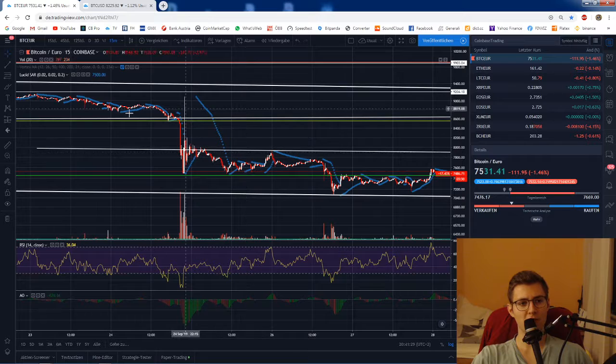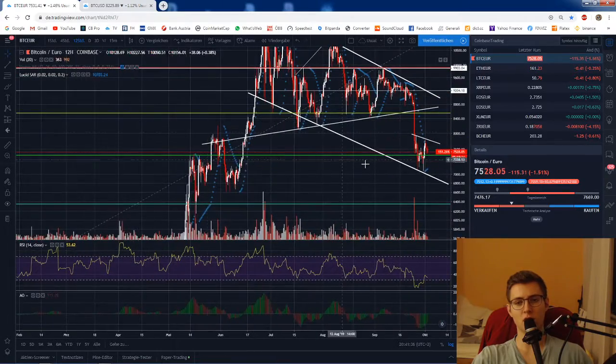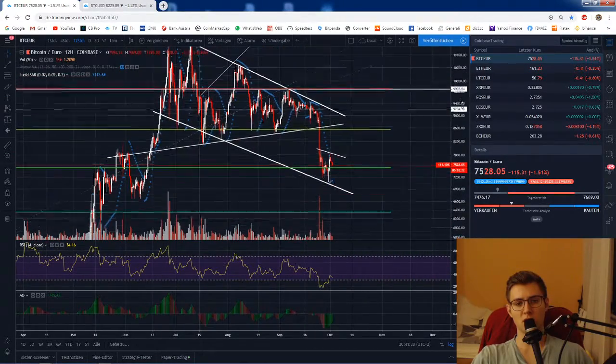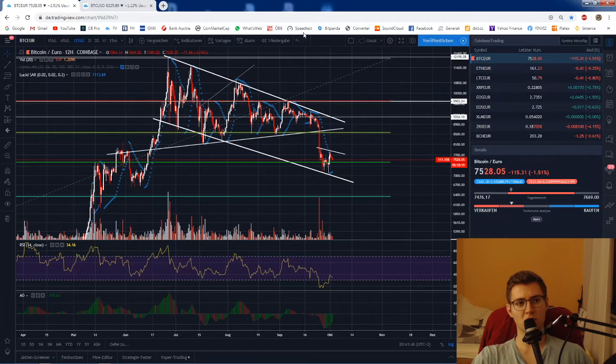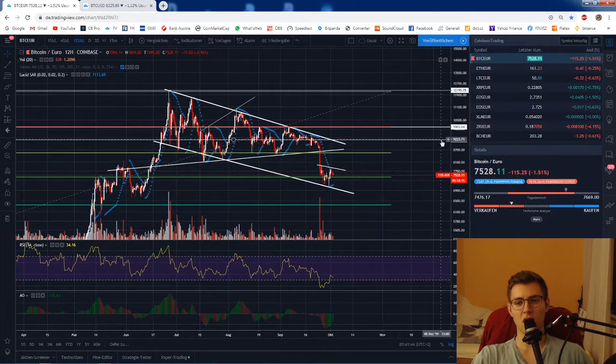So very, very strange action, and of course it moves similar to the Bitcoin US dollar. Also, what you have to keep in mind is how the US dollar is related to the euro, which is interesting.